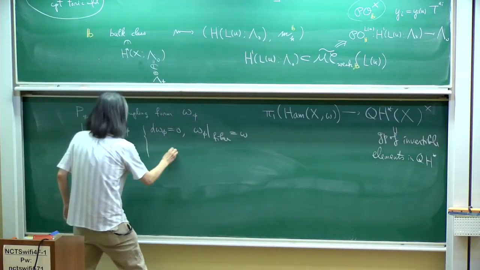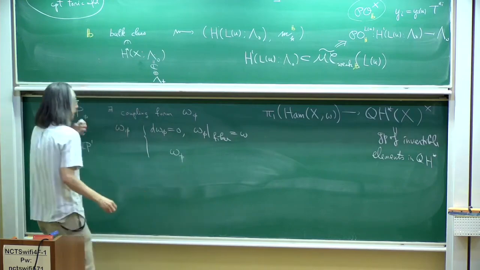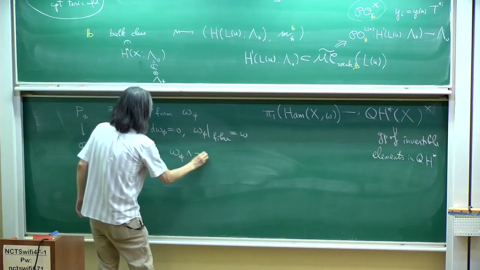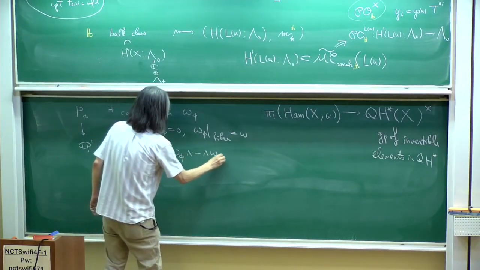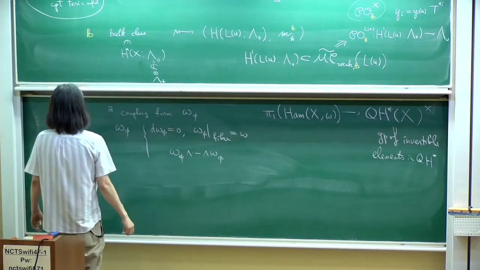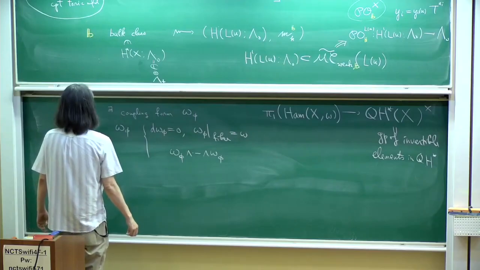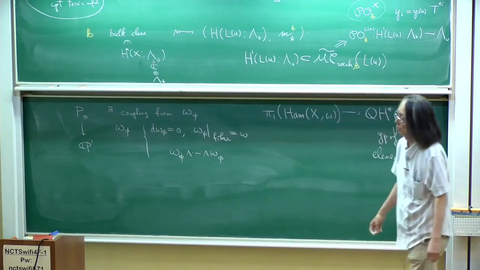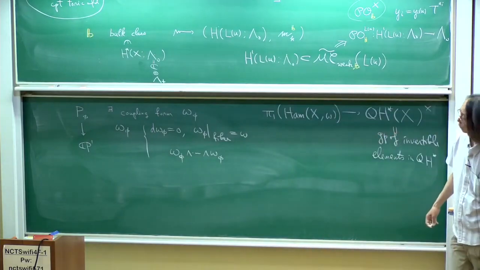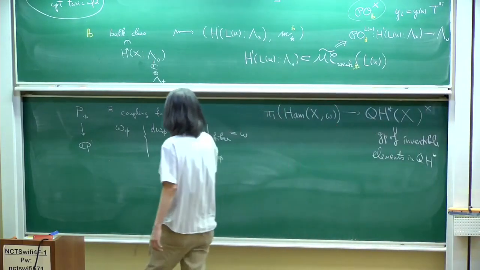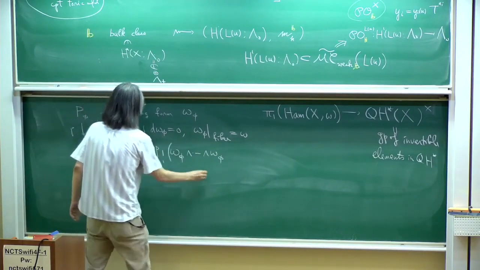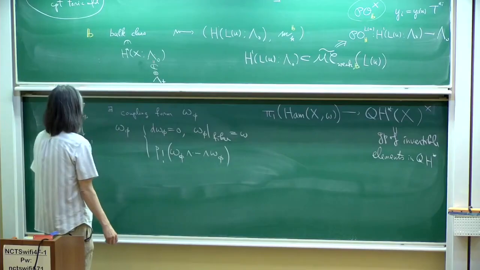If you consider omega phi and take the top power, the integral over the fiber must be equal to 0.